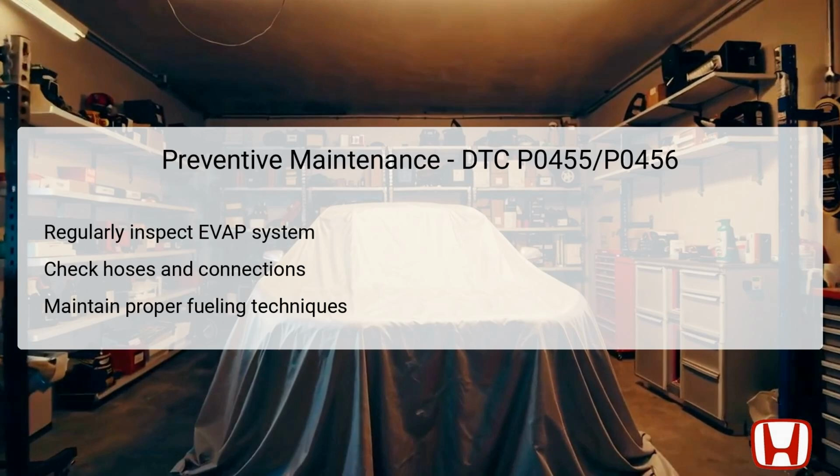Ensuring that all connections are tight and free from damage will extend the lifespan of EVAP components. Another critical aspect is adopting proper fueling techniques. Avoid overfilling the fuel tank and monitor for any spills during refueling. This proactive approach will help keep the EVAP system healthy and secure, thereby enhancing the vehicle's operational reliability.